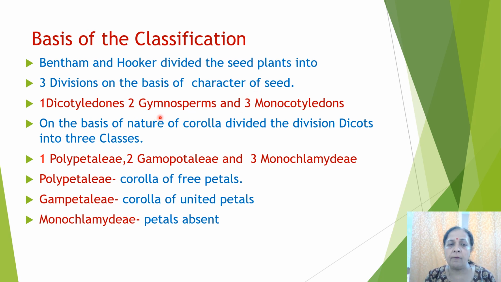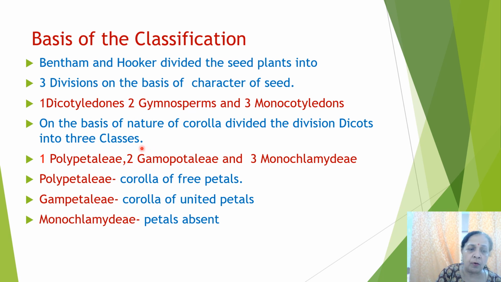On the basis of nature of corolla, again they divided the dicots into 3 classes: polypetalae, gamopetalae, and monochlamydeae. Polypetalae means where the petals are free, and gamopetalae means where the petals are united, and monochlamydeae means where any whorl of perianth is absent or corolla is absent.